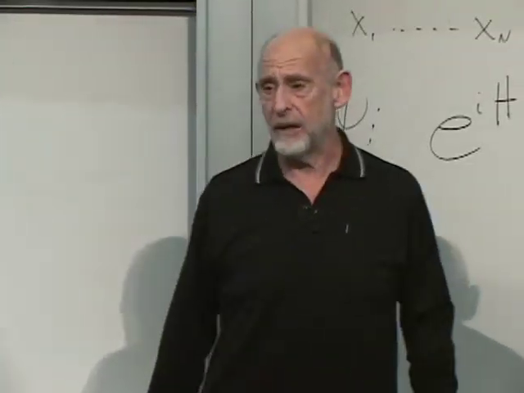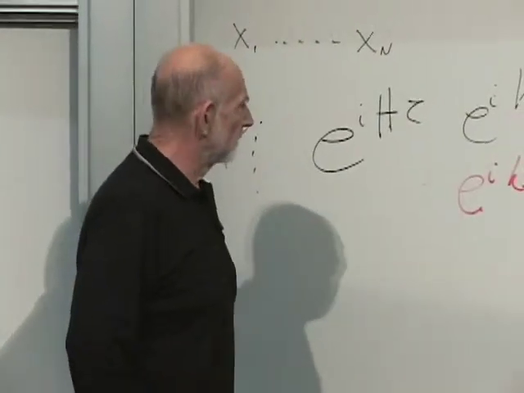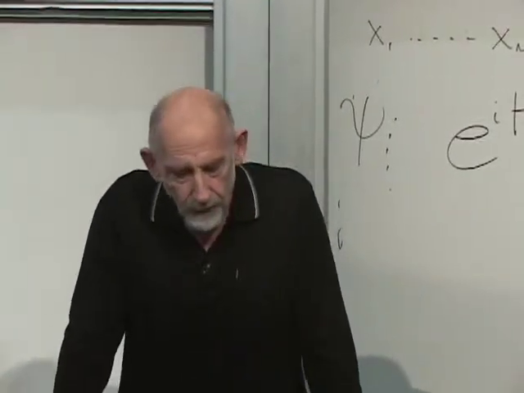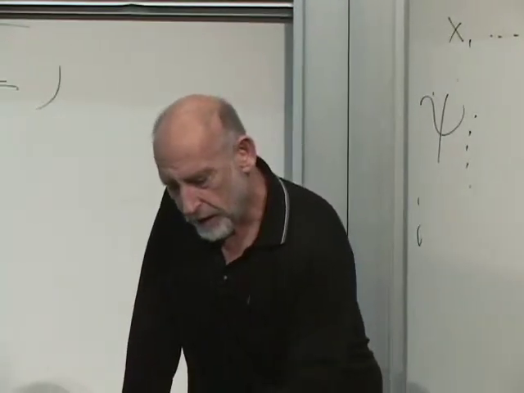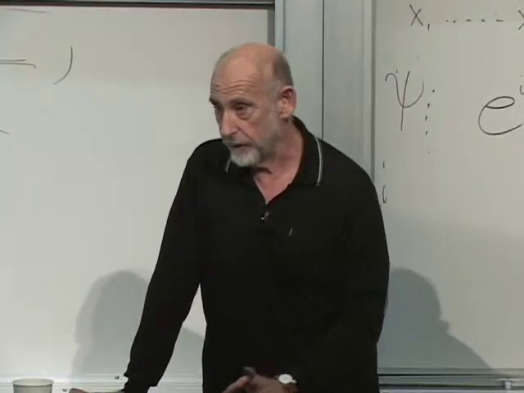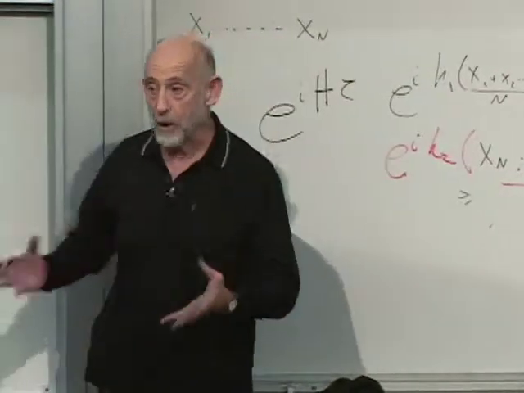But how should you choose tau? If you have two separate systems, each having its own wave function, you multiply to create the wave function of the composite. So this is just a wave function of a composite of two particles.